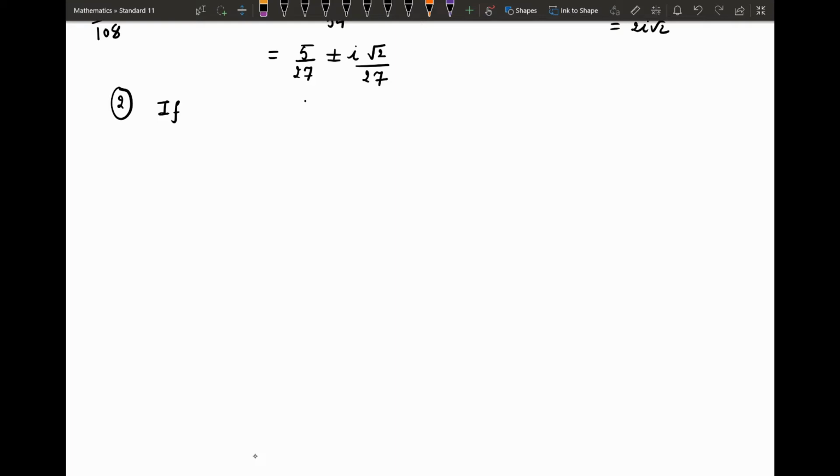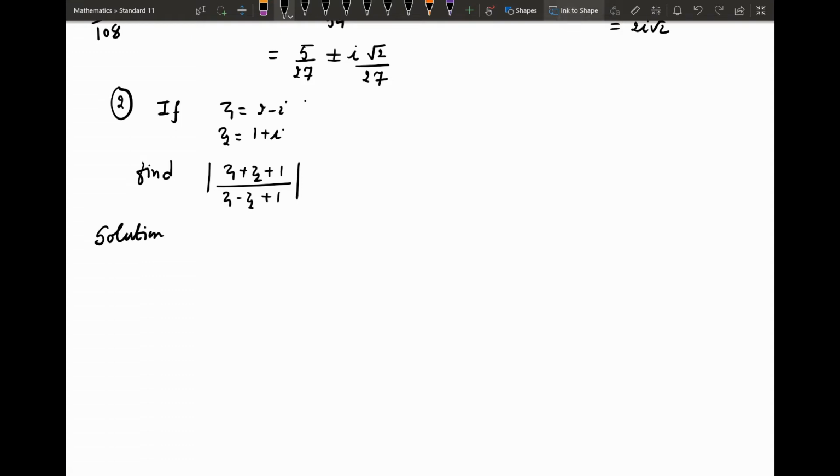If z1 equal to 2 minus i, z2 equal to 1 plus i, then find the value of modulus of (z1 plus z2 plus 1) upon (z1 minus z2 plus 1). So two complex numbers are given.